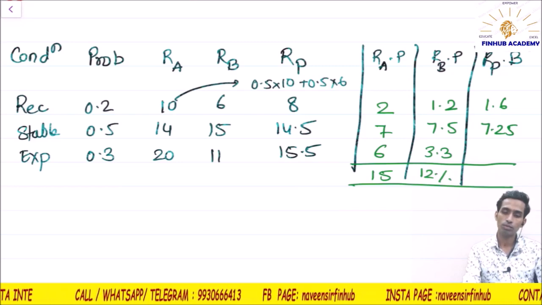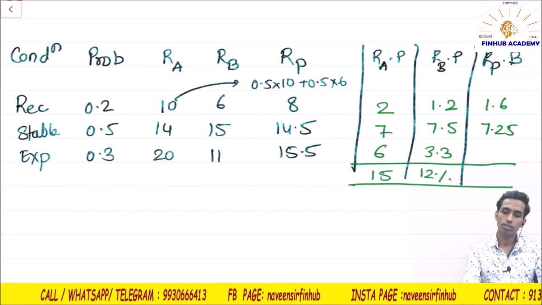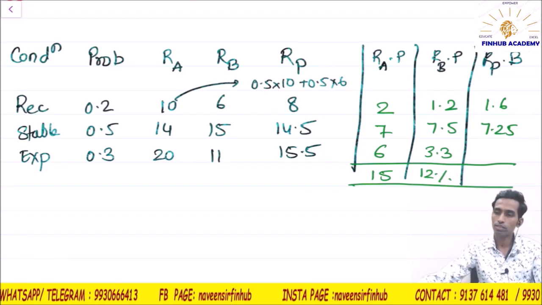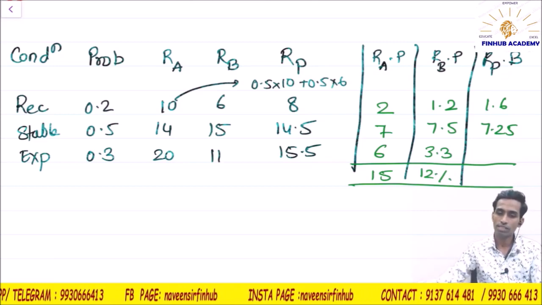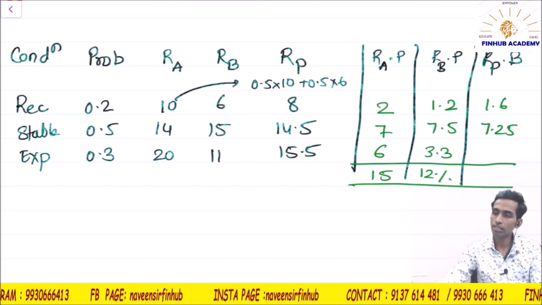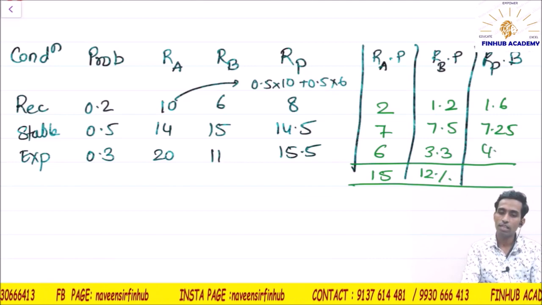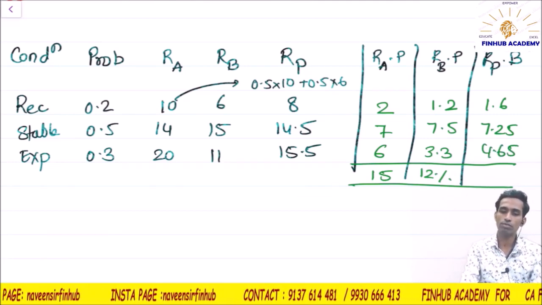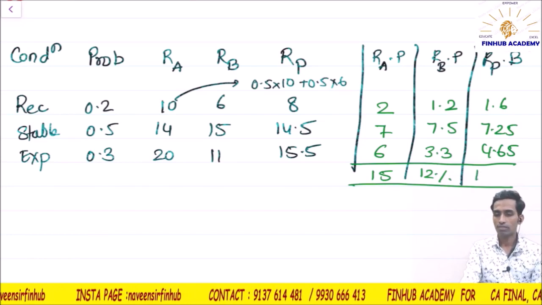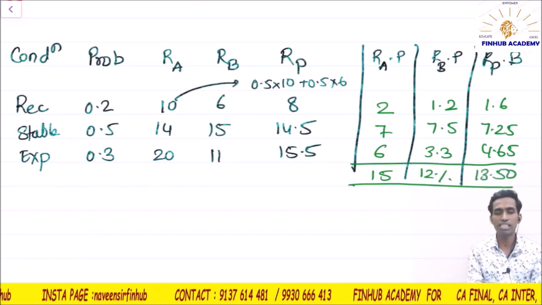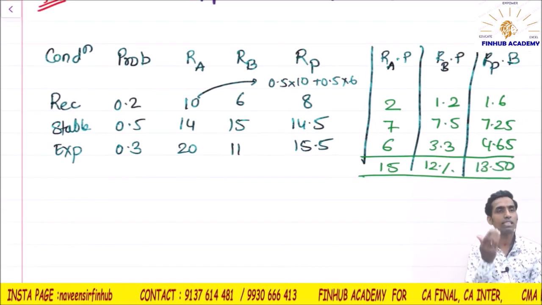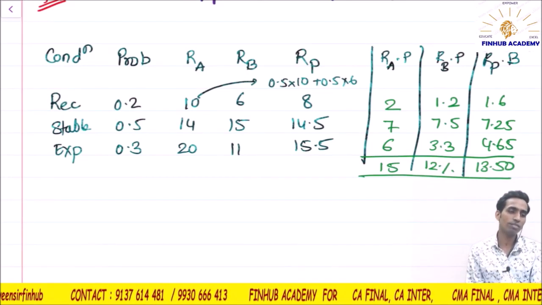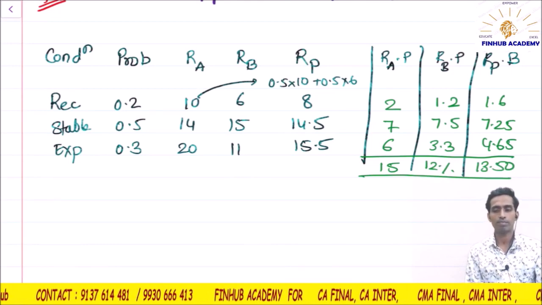No, I'm going somewhere wrong. Let's use the calculator. 7.25 is correct. 15.5 into 0.3, I'm getting 4.65, and the total comes to 7 plus 4, 11, 12, 13.50. Great. 13.50. Easy. So we calculated the expected return of A, expected return of B and expected return of portfolio.